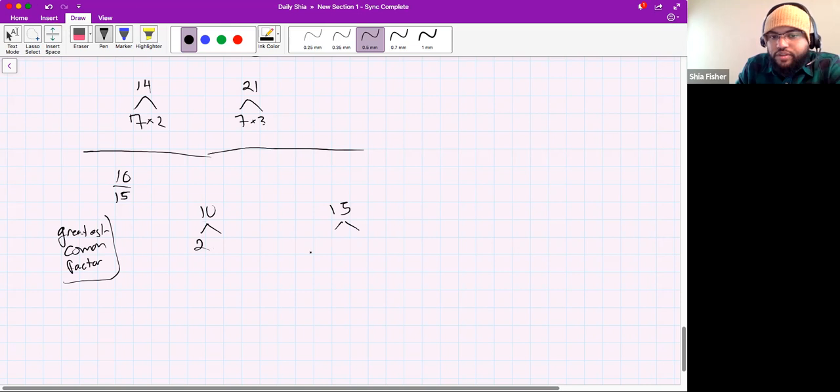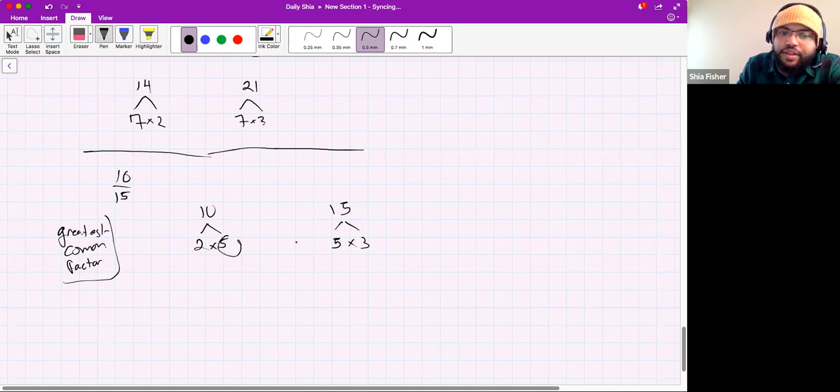2? No, 2 is not one of them. There's no way to divide 2 into 15. Certainly 2 is a factor of 10, but it's not a factor of 15. 2 times 5 gives us 10. 5 might go into 15, and we know it does. We know that 5 times 3 equals 15 and 2 times 5 equals 10.